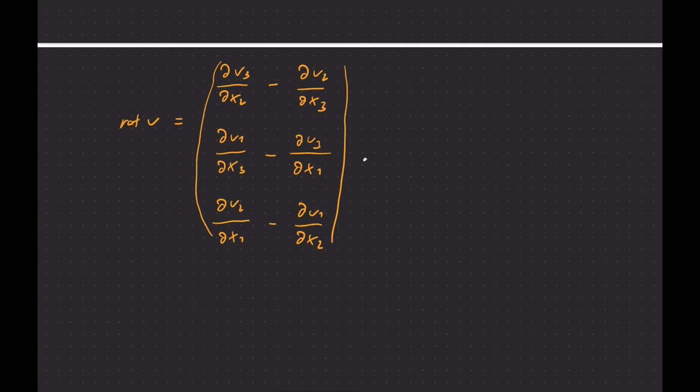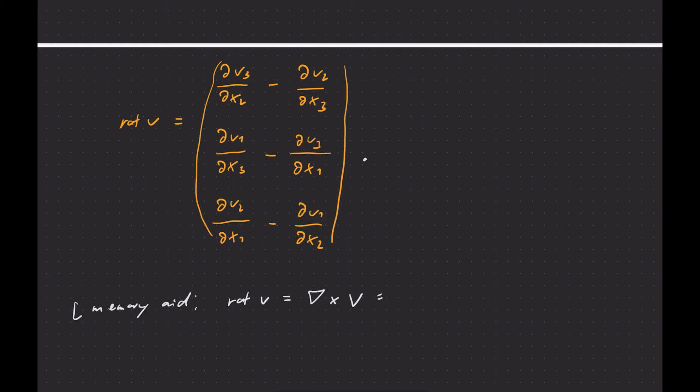To help you remember that, there is a memory aid that's used very often, also in formal notation sometimes. What the rotation of V really is can be abbreviated by taking the nabla operator that takes partial derivatives with respect to the variables x1, x2, x3, and then taking the cross product of the nabla operator and the vector field.